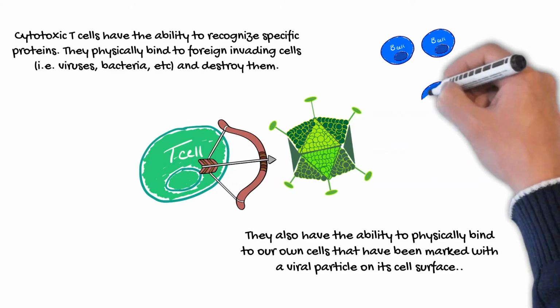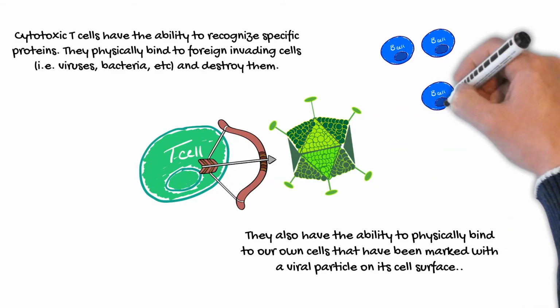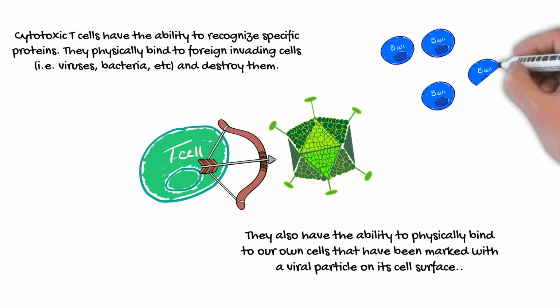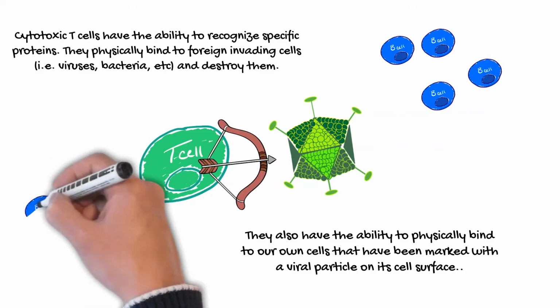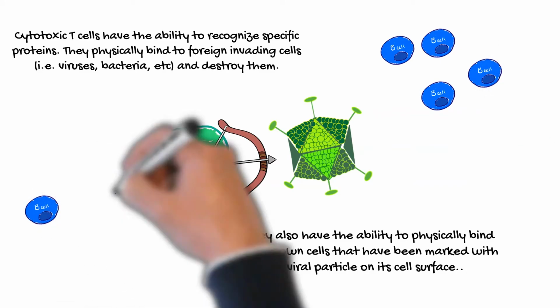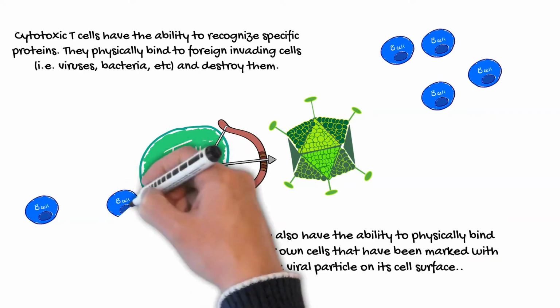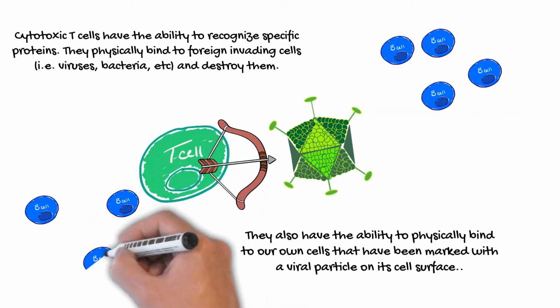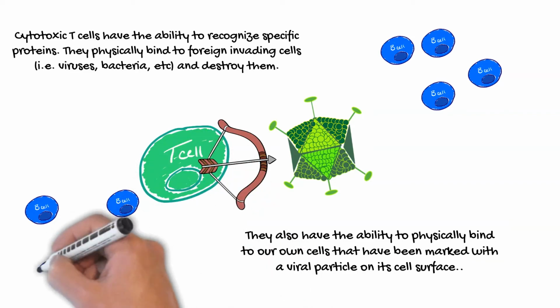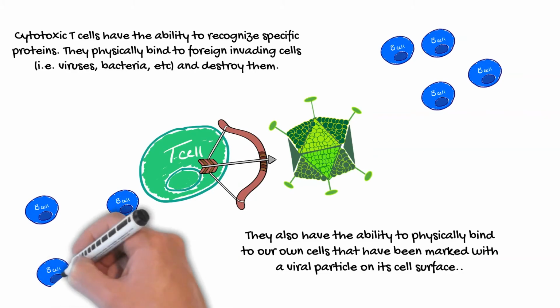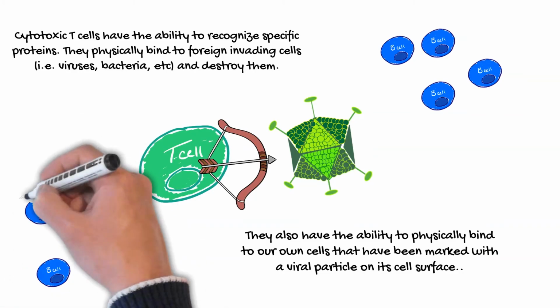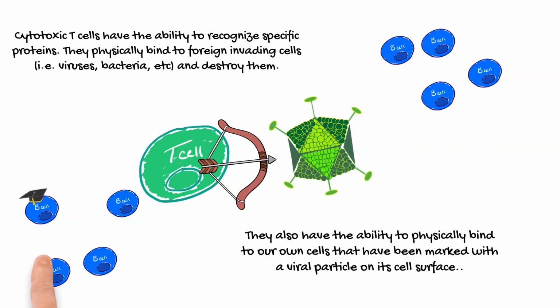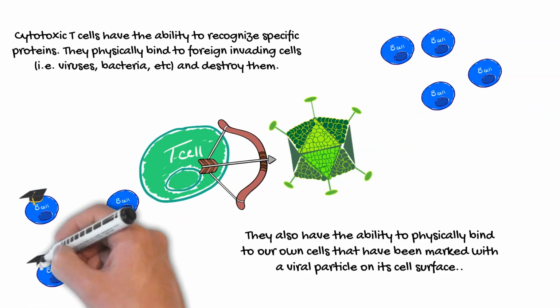So as cytotoxic T cells begin to bind and destroy marked cells, they send out a chemical signal that tells B cells to begin to proliferate as well. And I should point out, as I mentioned, that B cells actually come in two different flavors: the memory B cells and the effector B cells.